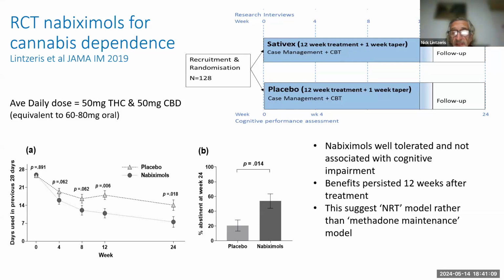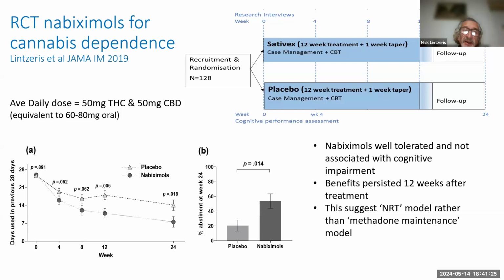Over half of the people in the nabiximols arm, when we followed them up 12 weeks after treatment stopped, said that they had not used any cannabis in the preceding month. And that was about 20% for the placebo arm.